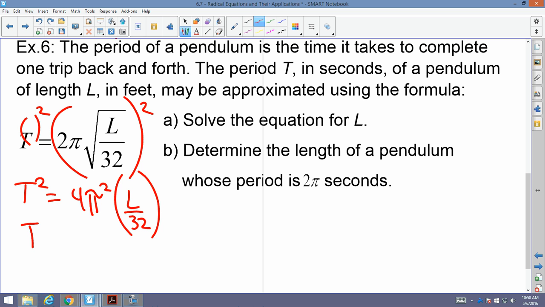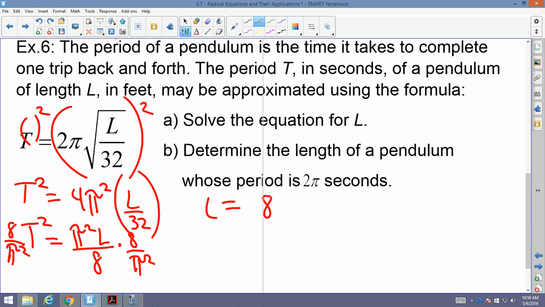This is T squared equals pi squared L over 8, because 4 and 32, I could divide by 4. Now, I'm going to get the L alone by multiplying by the reciprocal of pi squared over 8. Okay? So L will equal 8 times T squared over pi squared. And that is exactly what I'm looking for. That is my L.